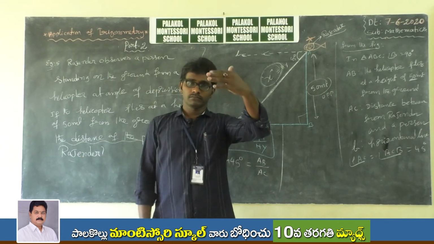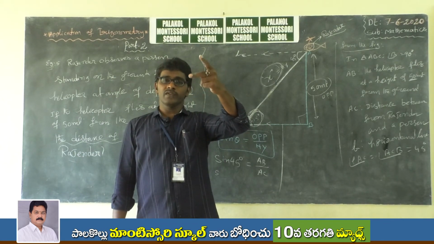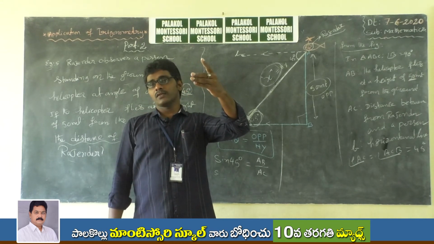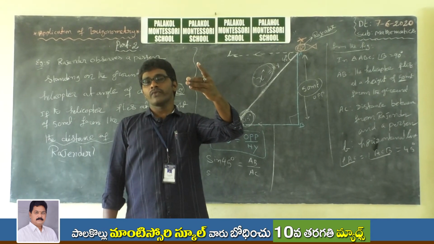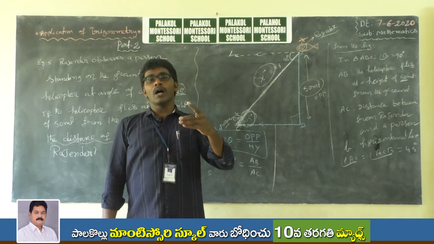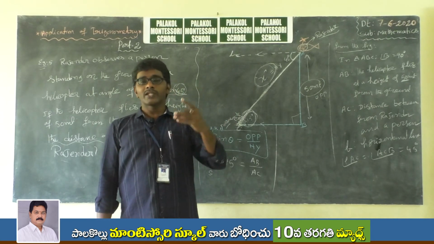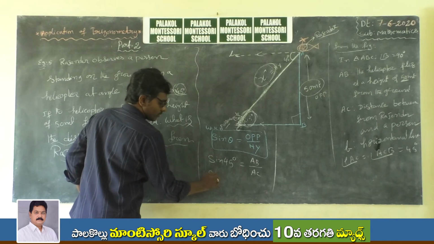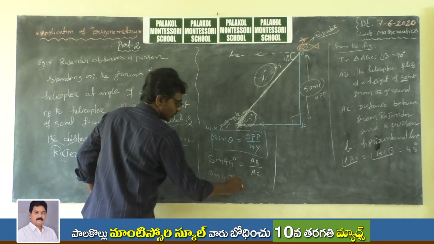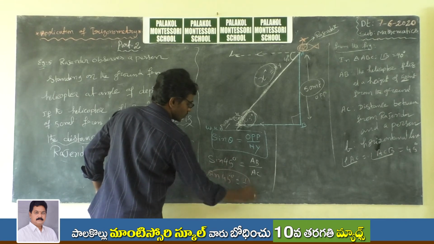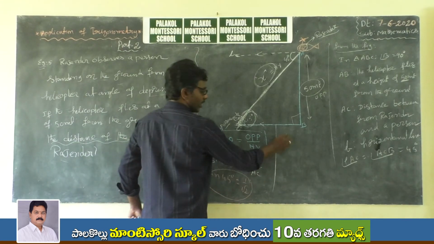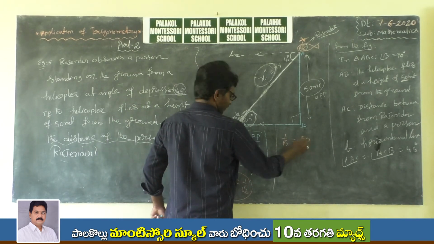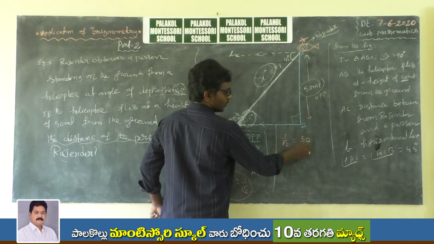See, hand technique. For the 45 degrees value, how many fingers below? 2 fingers. Sine theta is the root of the number of fingers below upon 2. So root 2 by 2, that means 1 by root 2. So sine 45 degrees is equal to 1 by root 2. Here I write 1 by root 2 equal to AB value 50 by AC value x.